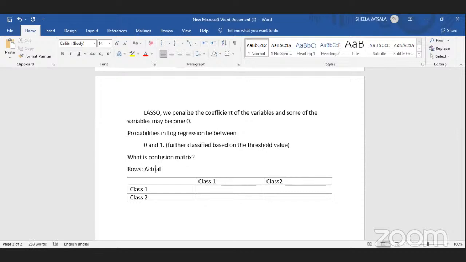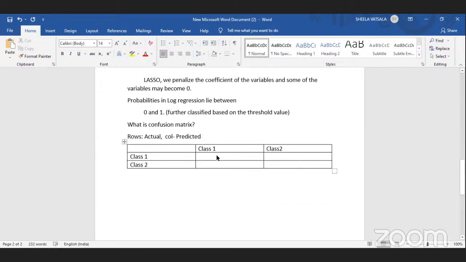This is actual, columns are predicted values. So we have this first class which is predicted as true positive. The diagonal one is true negative.